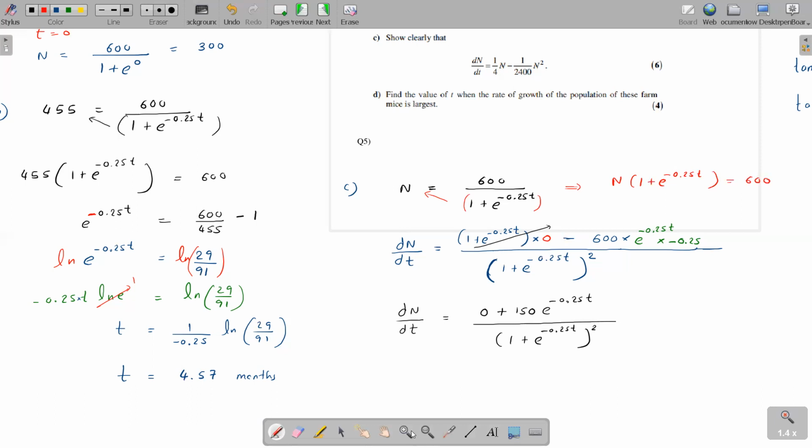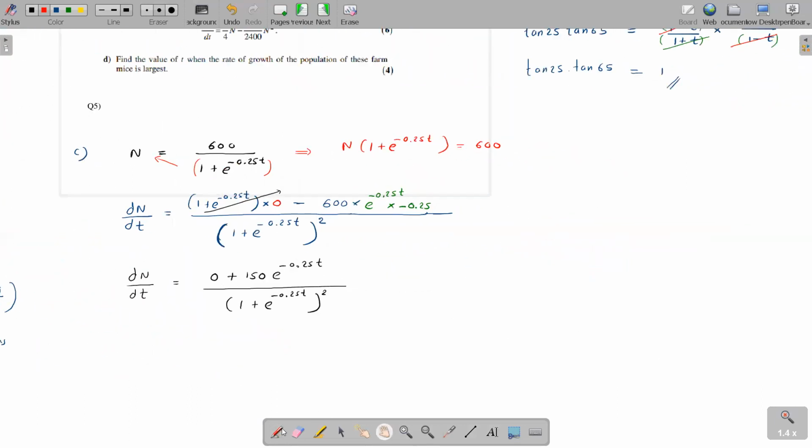Are you guys okay with that? And then I get the next step. Okay, so I'll write it over here. We should write this neatly. Everything should be written really neatly, children. So n times 1 plus e to the power minus 0.25t equals 600. So 1 plus e to the power minus 0.25t equals 600 over n.